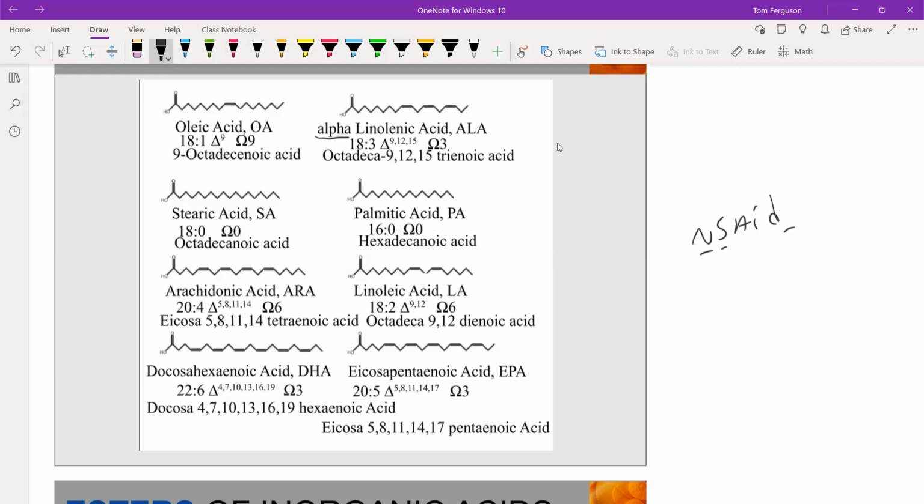What does the AI stand for? Anti-inflammatory is what the AI stands for. So there's steroids and there's non-steroidal anti-inflammatory drugs. Anyway, this arachidonic acid is a precursor to things like pain relief.